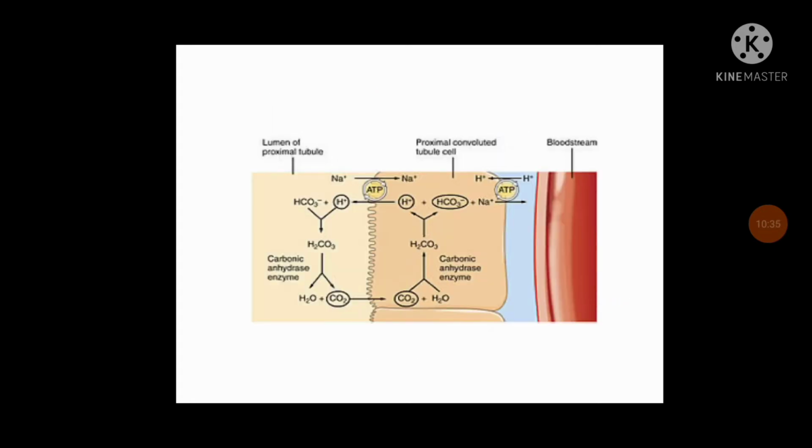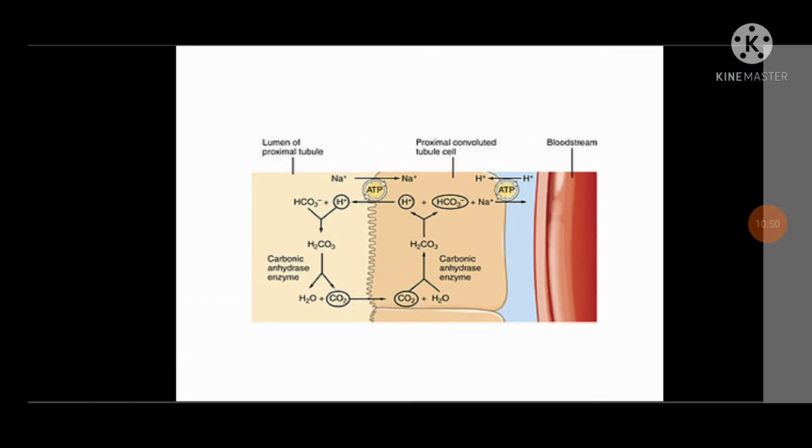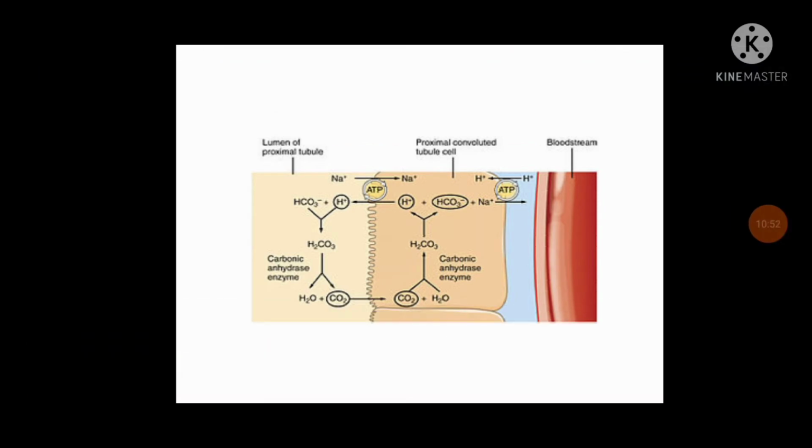Here you can see the actively secreted H plus ion combines with the filtered bicarbonate, which forms carbonic acid that immediately divides into water and carbon dioxide. Carbon dioxide gets reabsorbed, and in the cell it combines with water in the presence of carbonic anhydrase enzyme. It forms carbonic acid, which immediately splits into H plus ion and bicarbonate.